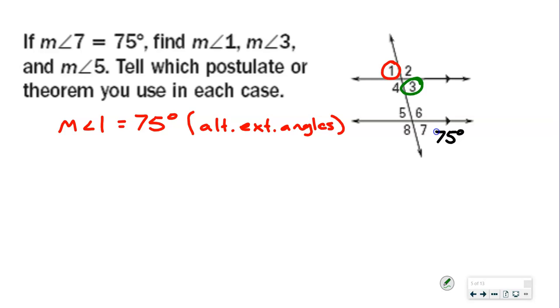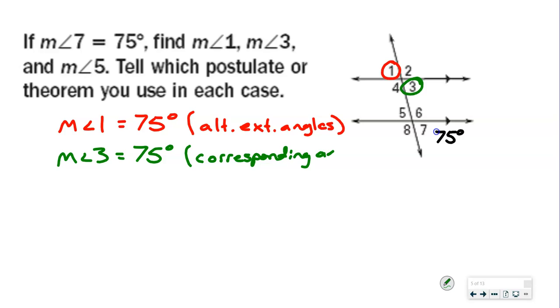So 3 and 7 are corresponding angles, and that would also be 75 degrees, because corresponding angles in parallel lines are congruent. So the corresponding angles postulate or theorem. I guess it's the postulate.